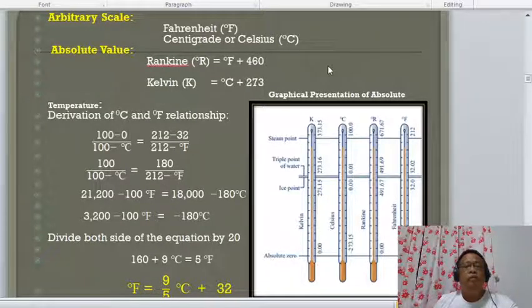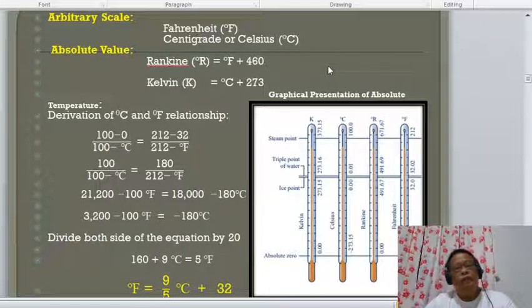And we have also the so-called absolute value. That is defined, of course, in English in Rankine, and in SI we define that in Kelvin, as previously mentioned. So how are you going to change, for example, the Fahrenheit scale to the Rankine scale?